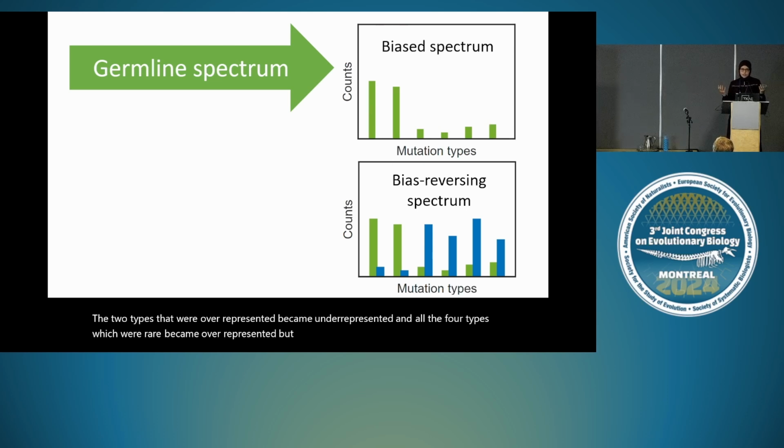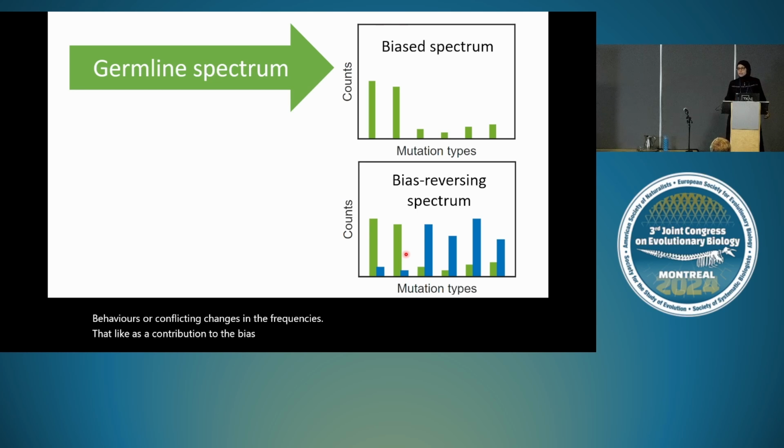But in reality, we don't expect to see this perfect reversal, especially in a spectrum that has 96 types of mutations, like at the trimer level. So this type can go up, but this can go down. So we have conflicting changes in the frequencies as a contribution to the bias.